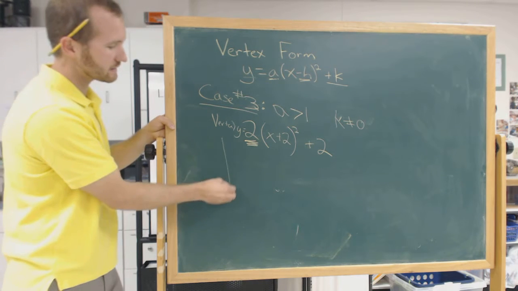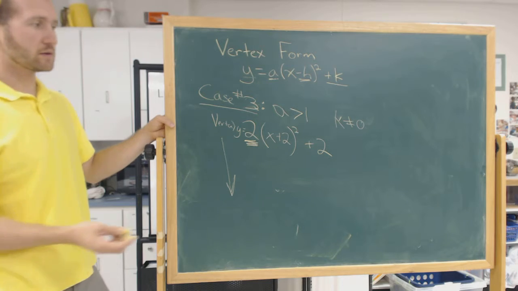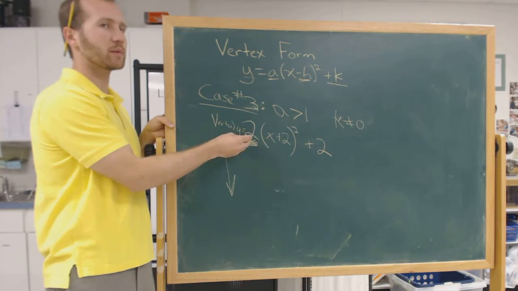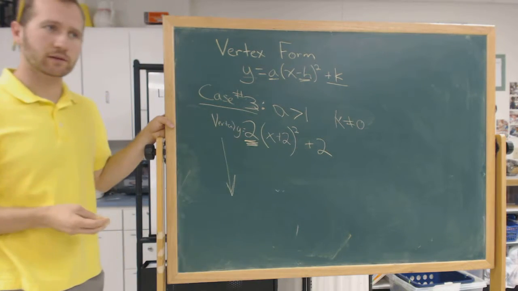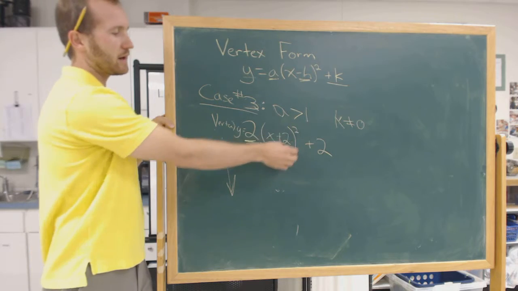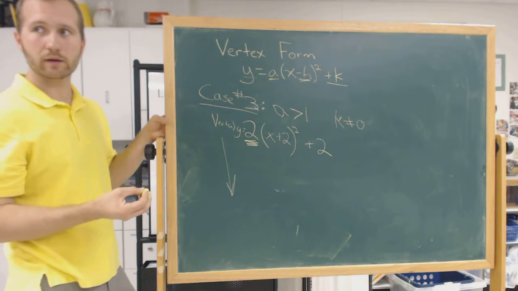To convert this to standard form, I'm just going to follow order of operations. I'm going to start with parentheses, exponents, then I'm going to do my multiplication, and the last thing I'll do is my addition. So starting with my parentheses and exponents, what is x plus 2 squared?